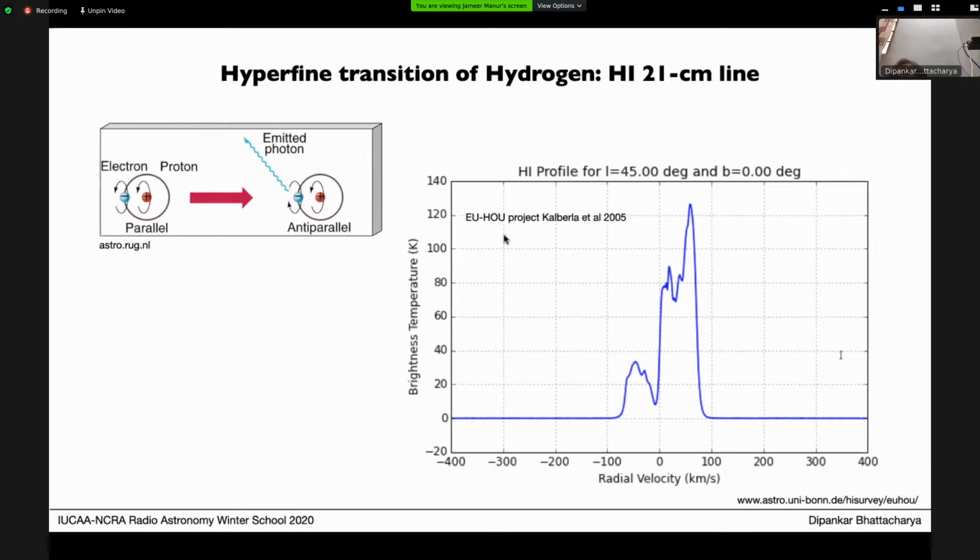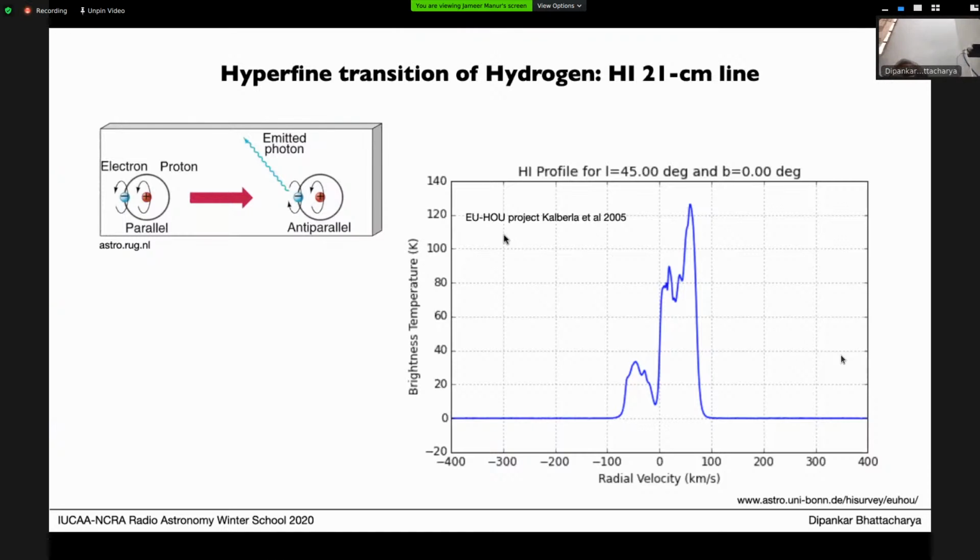So if you take that line of sight, you have gas sitting at different distances with respect to us, and the galaxy is in differential rotation. So the gas at different distances from us will appear at different relative velocity with respect to us. And wherever there is a concentration of gas, the corresponding relative velocity will be highlighted in this H1 profile.